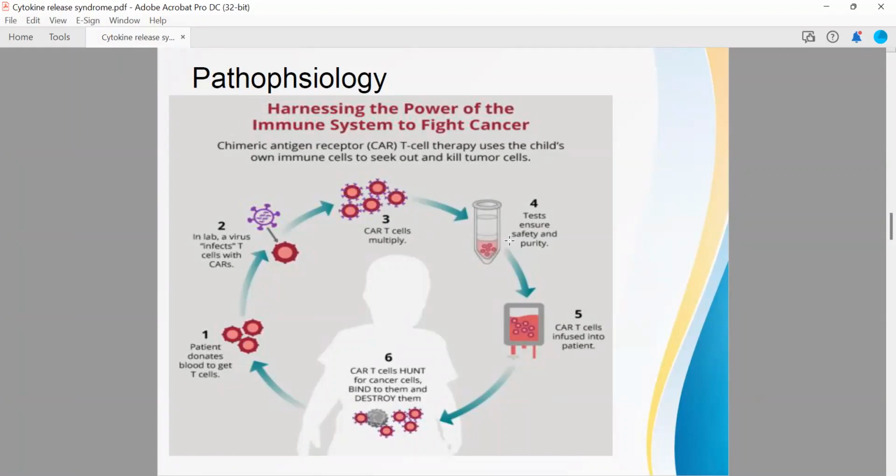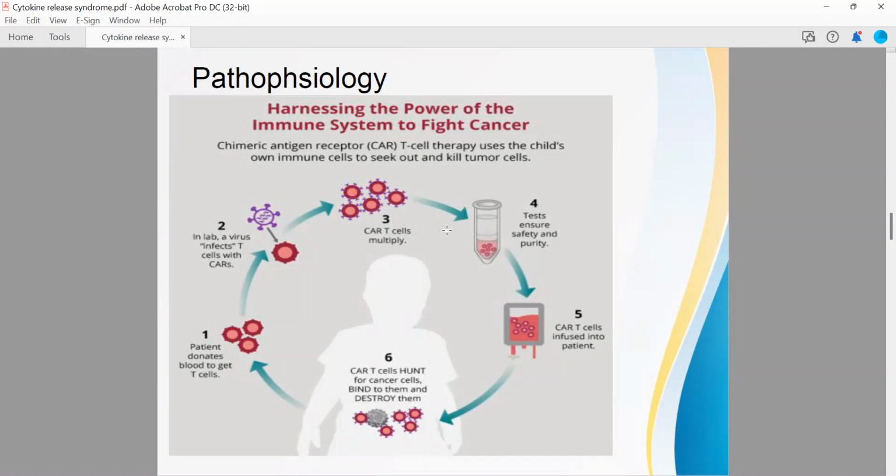Sterility and safety are important, and then the cells are infused into the patient. These cells bind to the cancer cells and start destroying them. When a foreign body enters and our immune system reacts much faster, our own immune system can also destroy its own cells as well.